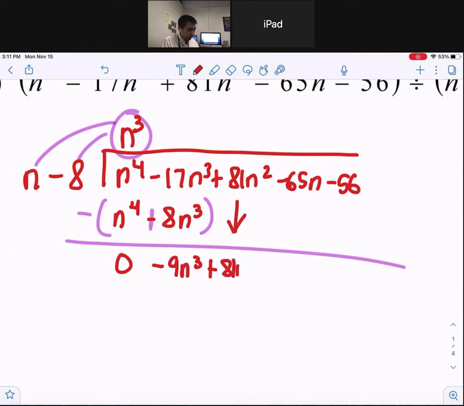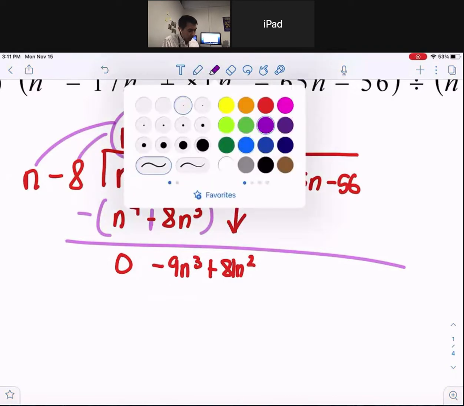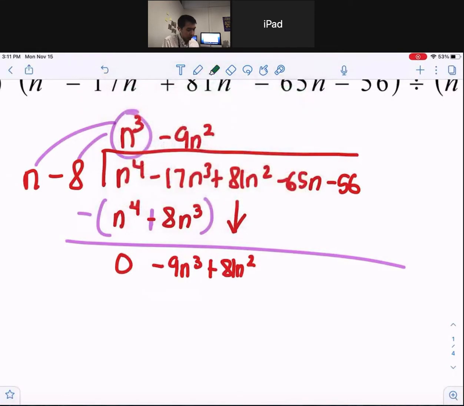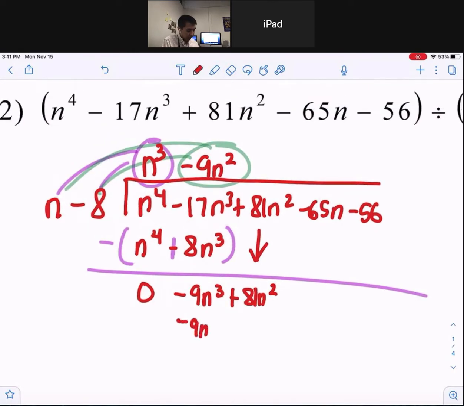Drop the 81n squared down, and again, same process. N times what is negative 9n to the third? That's negative 9n to the second. And now you're going to distribute this negative 9n to the second to both of those. So negative 9n to the second times n, negative 9n to the third.